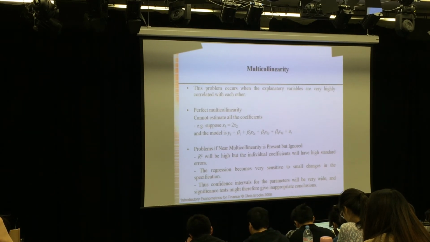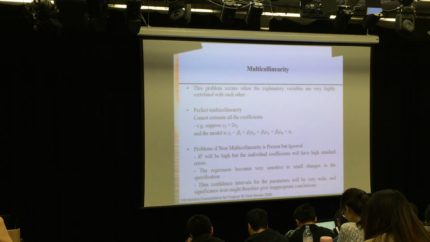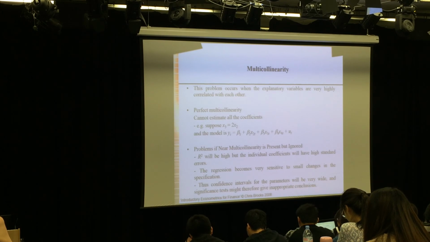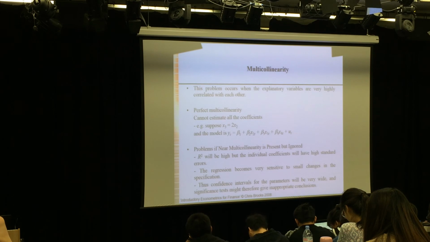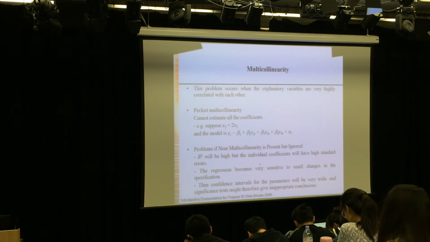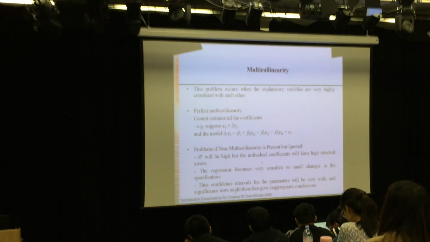I said nothing was binding the regression or making it decide what to give to each, but you can constrain the size of the coefficient on each of those, and it gets around these multicollinearity issues.